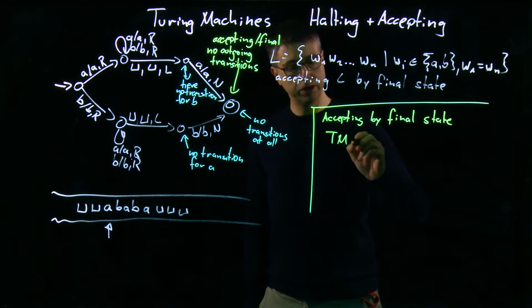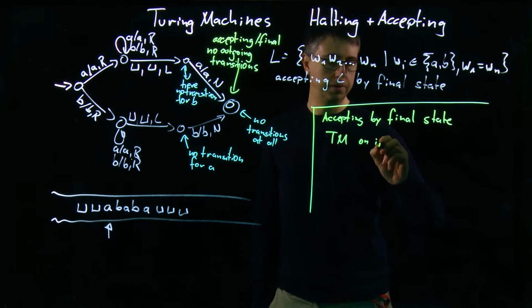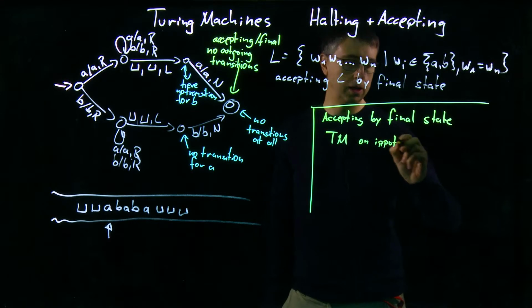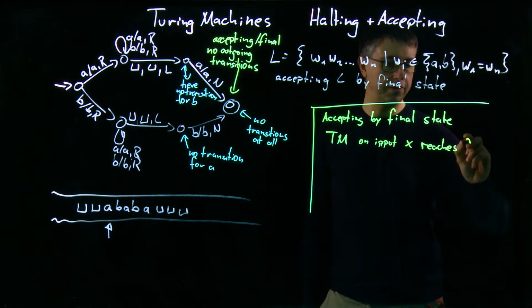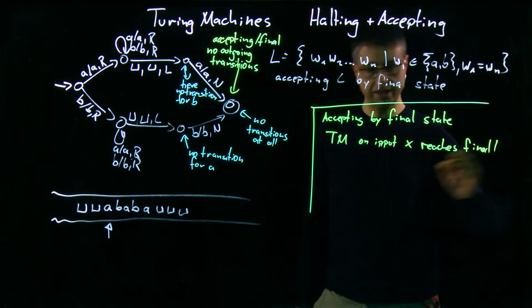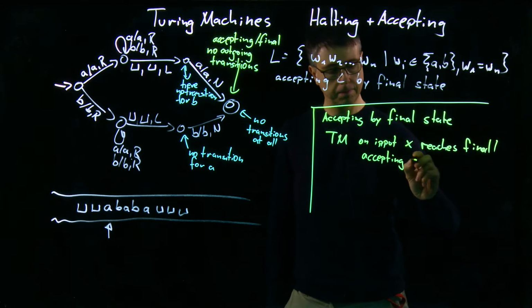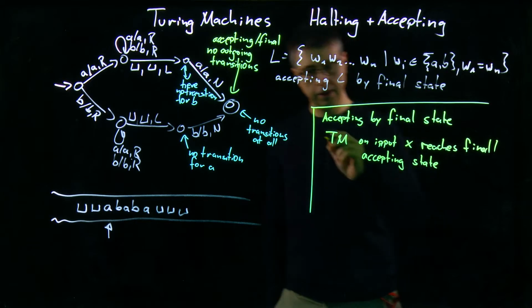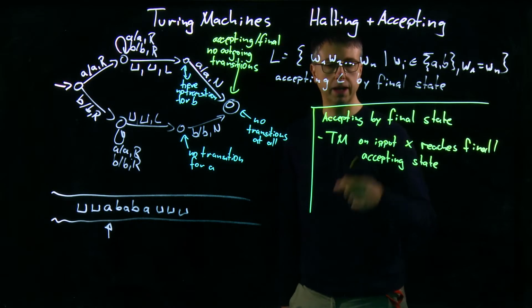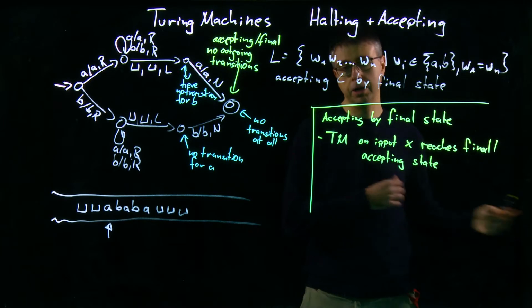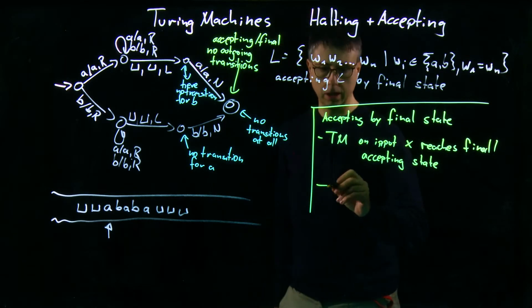This means the Turing machine on input X reaches a final or accepting state. That's the first possibility of accepting words, and this is we start with the word on the tape, and the Turing machine reaches a final or accepting state.